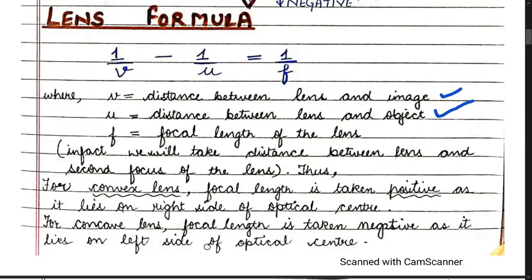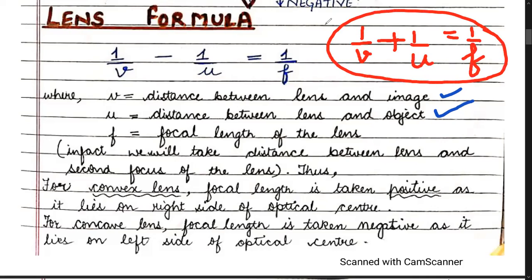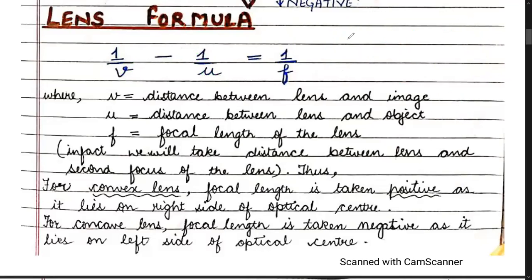Students, kindly be cautious, because in case of a mirror, we have the formula 1 by V plus 1 by U equal to 1 by F. But in case of the lens formula, it is 1 divided by V minus 1 by U equal to 1 upon F. So here you have a negative sign, and 1 by U is getting subtracted.